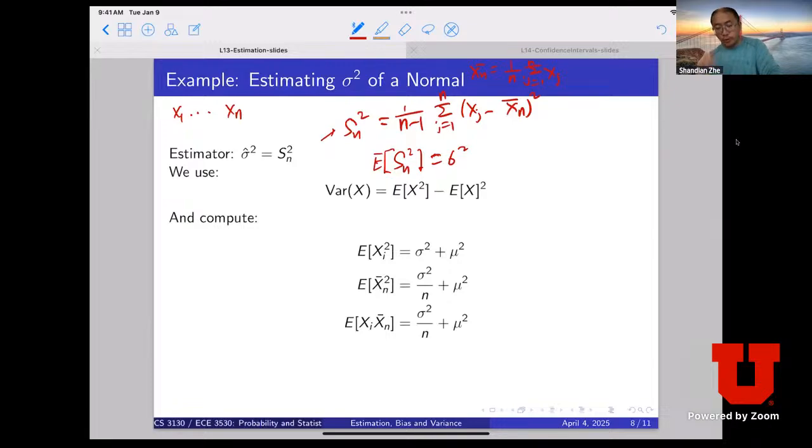So we would like to leverage the definition. We're going to calculate the expectation of the sample variance directly.